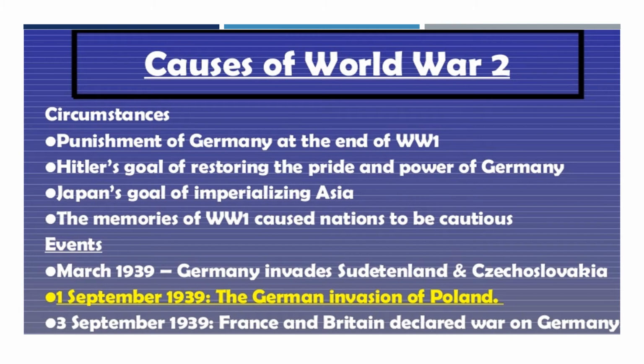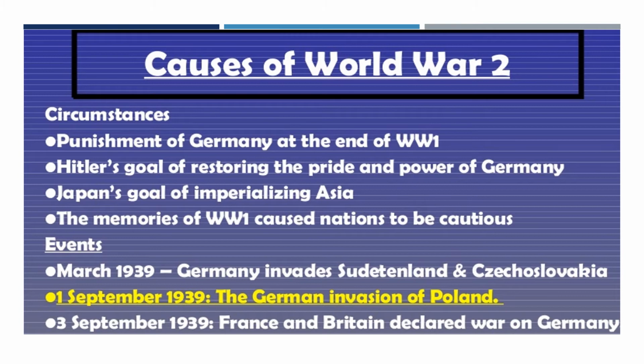So Germany was extremely poor after the war because they'd had to give away land and goods to the other countries. So the people were at a very low point. And Hitler came to power with that idea of restoring pride and power of Germany, so bringing Germany back to greatness.